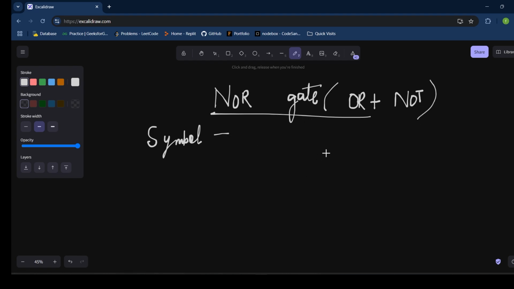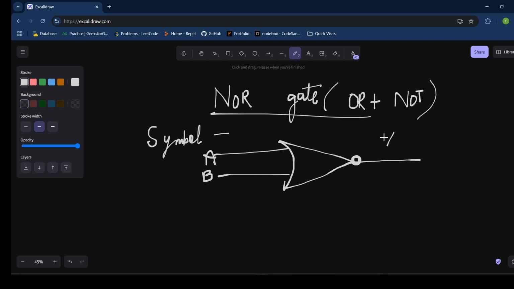So the symbol would be the symbol of OR gate and simply the symbol of NOT gate, and 2 inputs A and B, and the Boolean expression for this would be simply OR operation A plus B, and then the NOT operation, that is the bar. Simply invert that.